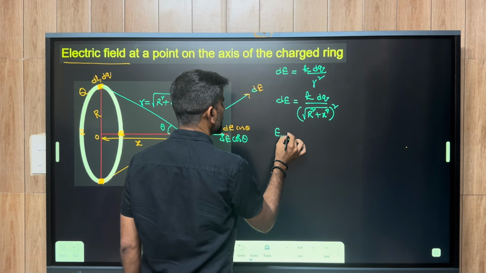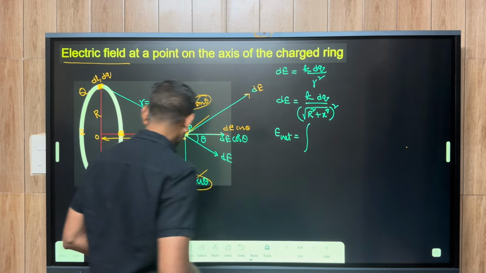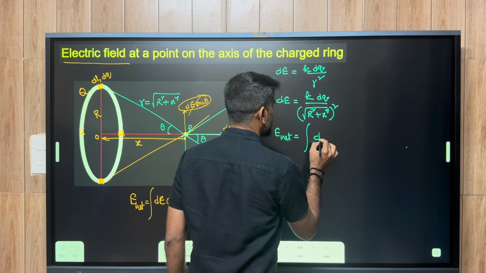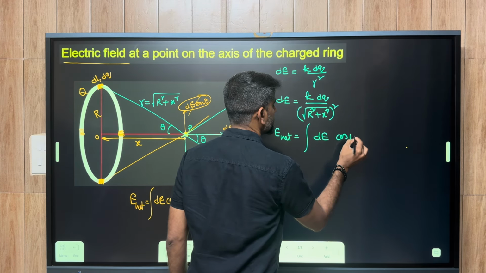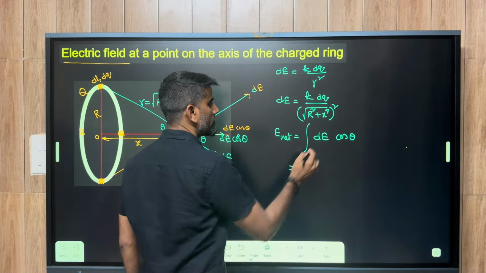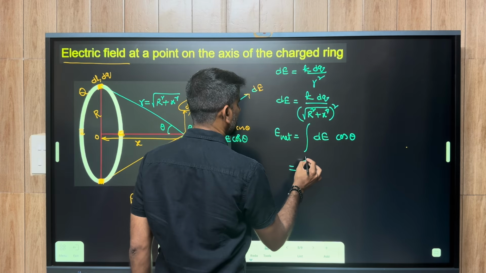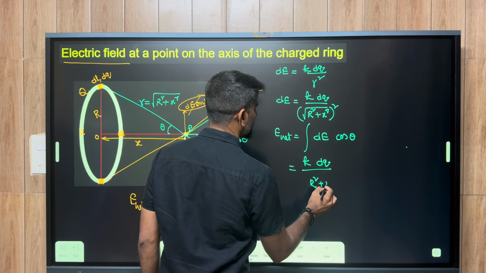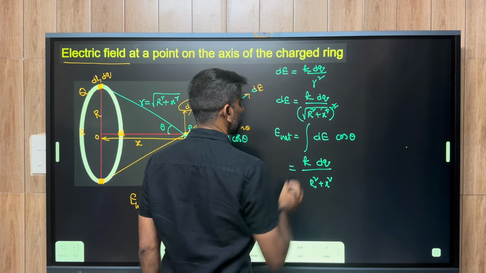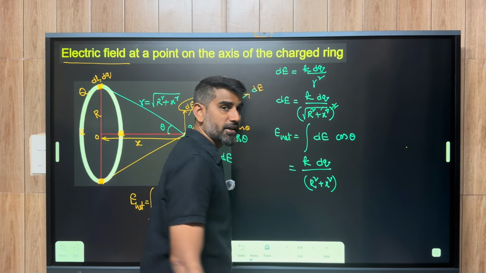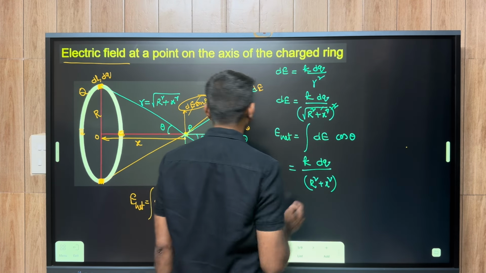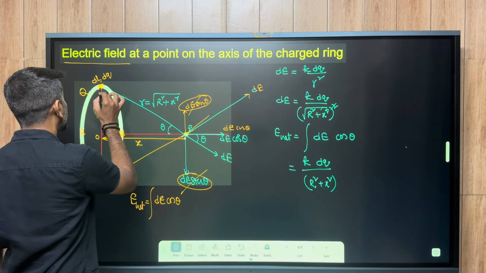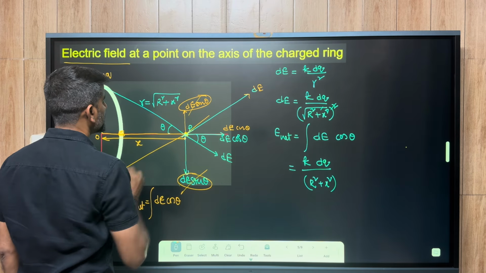Now E net is equal to integral of dE cos theta. As I know dE, what is dE? k dq by R square plus x square, the square and root will get cancelled. I'm leaving it like this. Now what is cos theta?